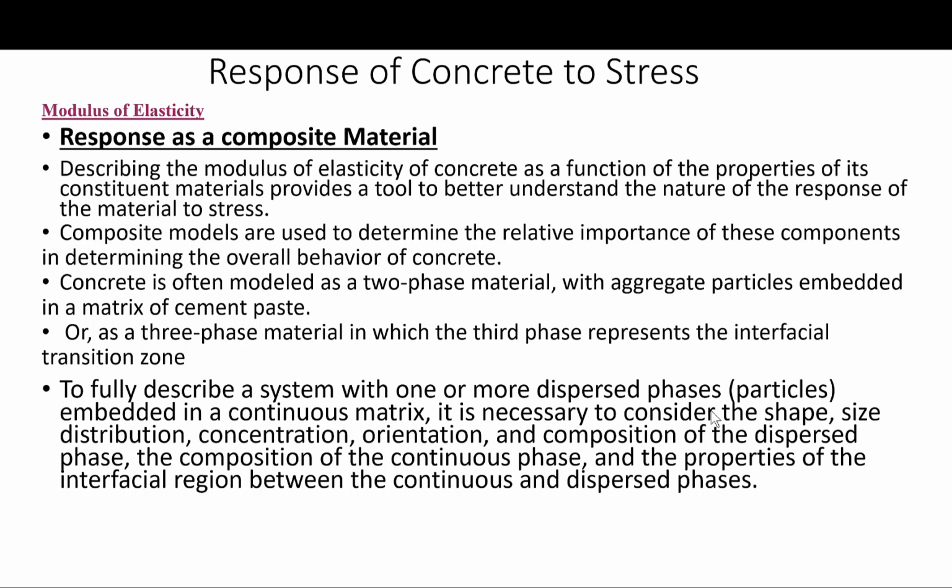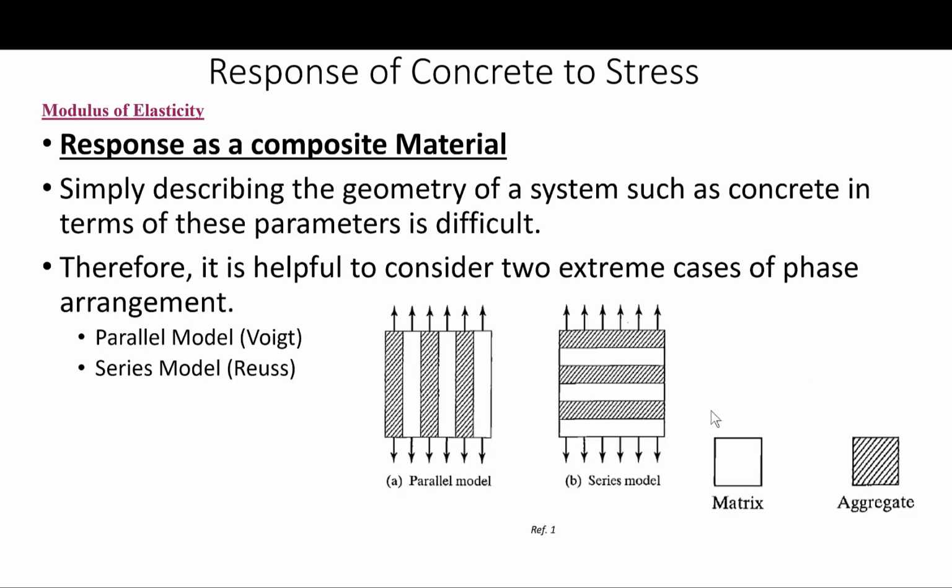That's very important to know, all we need to know about these materials, in order to be able to model them and get some meaningful results. Basically, simply describing the geometry of a system such as concrete in terms of the parameters is difficult.